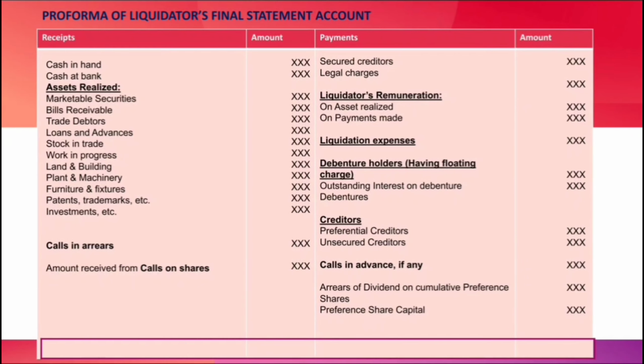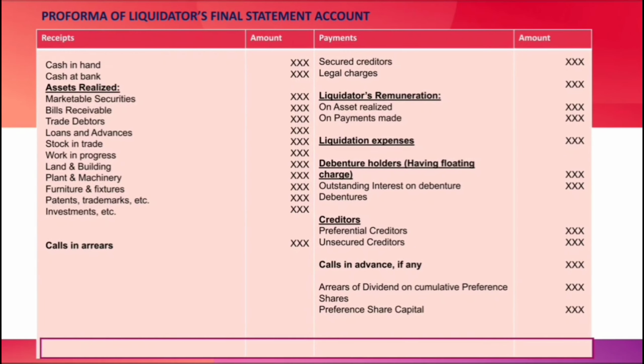The liquidator has to make calls on shares only if the amount is not sufficient to pay up to preference shareholders. If the amount is sufficient, then there is no need to make calls on shares.